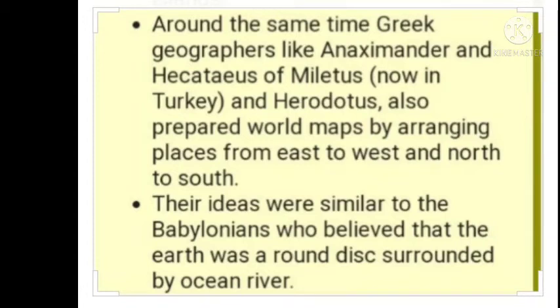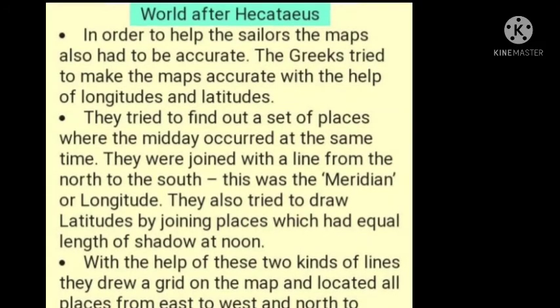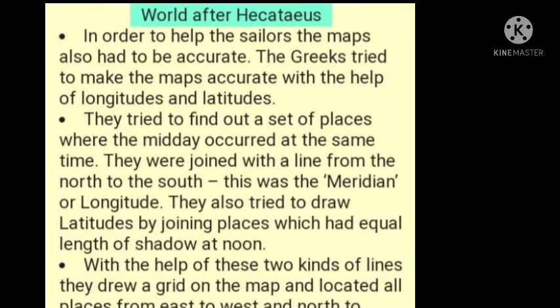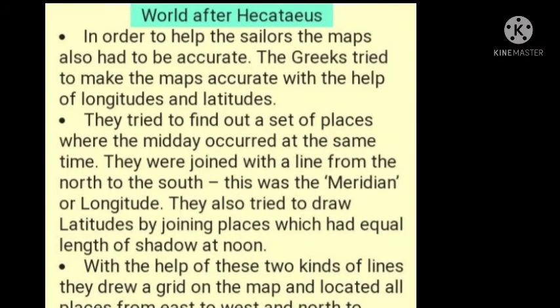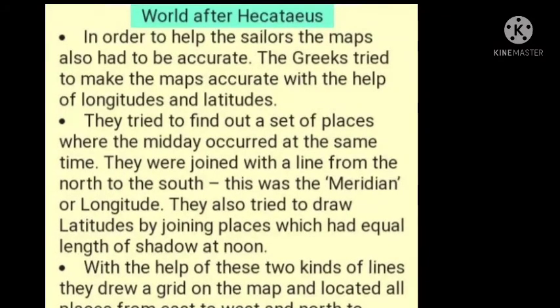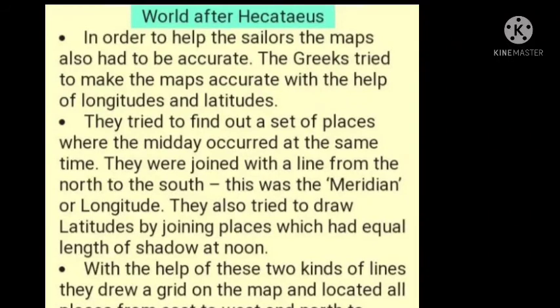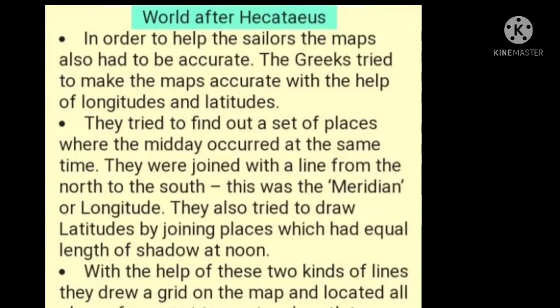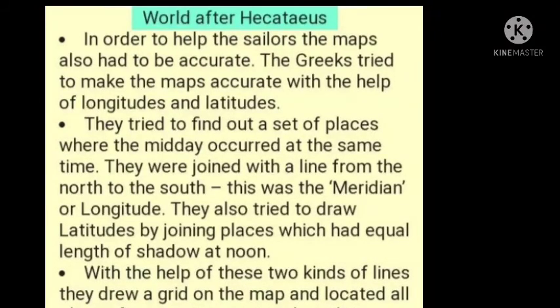Their ideas were similar to the Babylonians, who believed that the earth was a round disk surrounded by an ocean river. World after Hecataeus. In order to help the sailors, the maps also had to be accurate. The Greeks tried to make the maps accurate with the help of longitudes and latitudes.